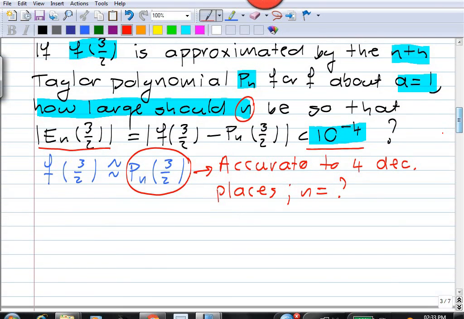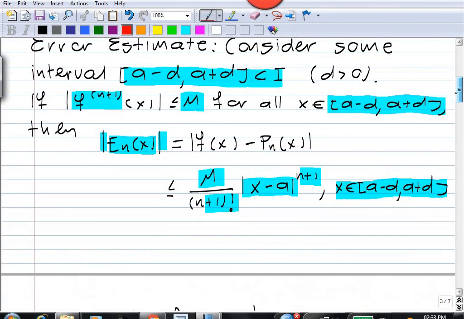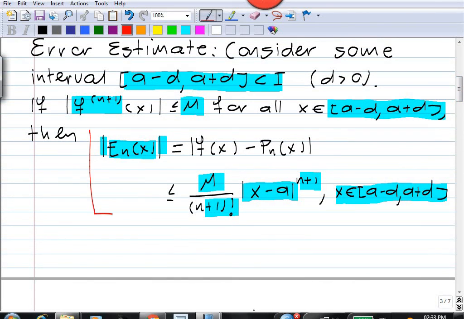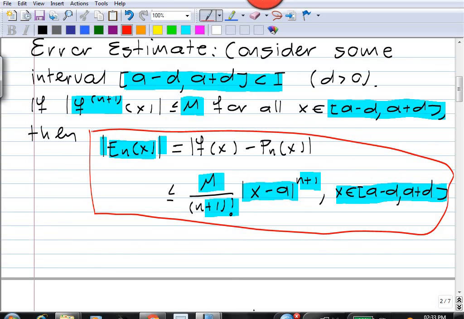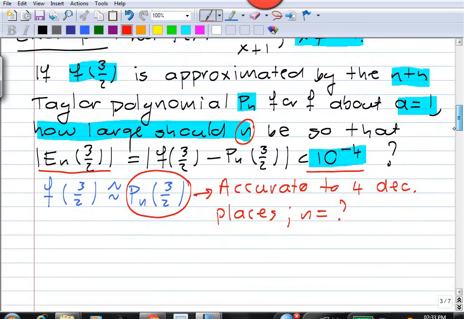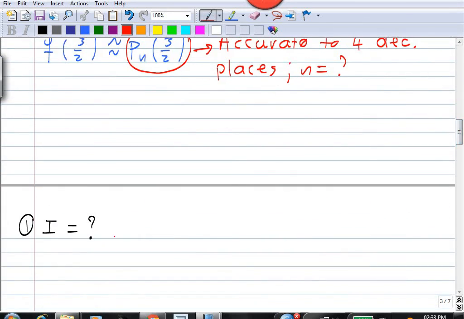Well, the first thing we need to do if we want to use this kind of error estimate is to see what we should take this interval as. Well, let's see. Taking the Taylor polynomial at a equals 1, and we want to approximate f at 3 over 2.